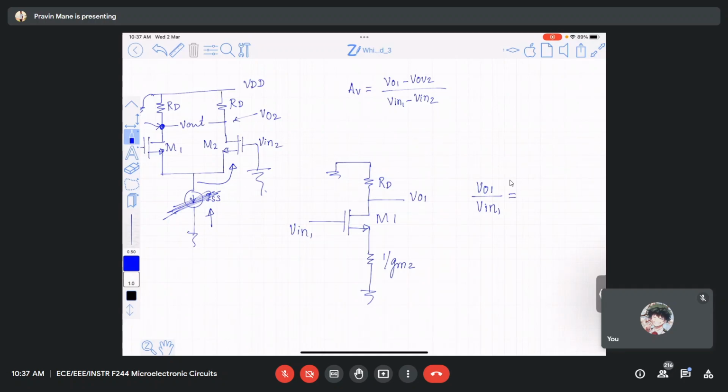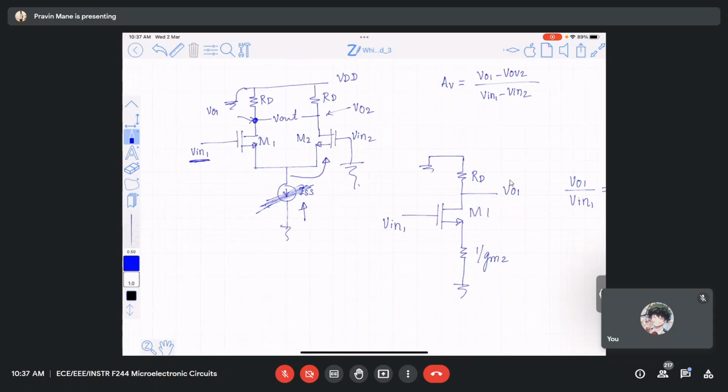Have you got this point? Any question? These are very important concepts in analyzing circuits. Sir, one question I had was why did you shift the transconductance to 1 by GM1 at the source? No, when I find out, I am only finding out the effect of Vin1.